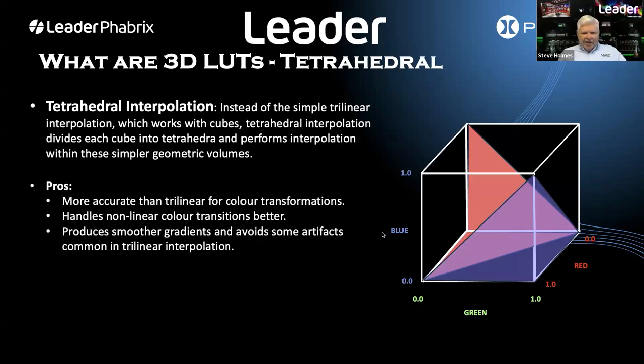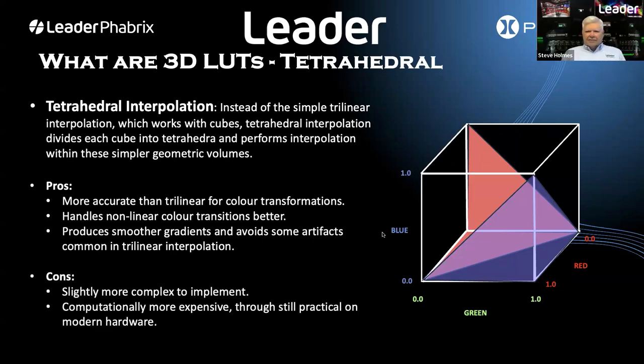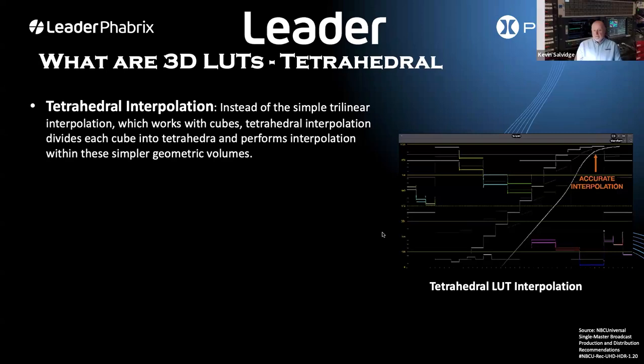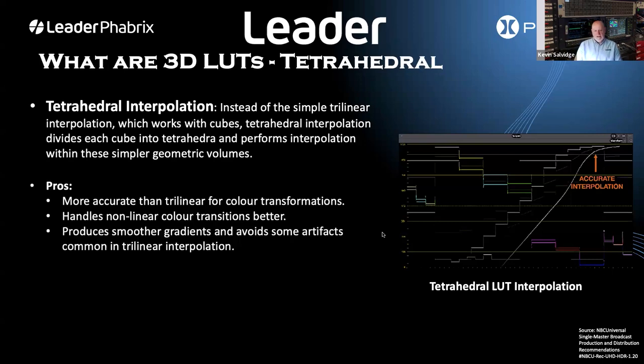It can take more points and draw from R, G, and B to help make the transitions, and it handles non-linear color transforms a lot better. As you'll see when we bring up the waveform now, it smooths out the knee and the jagged stepping that we saw previously, really nicely.